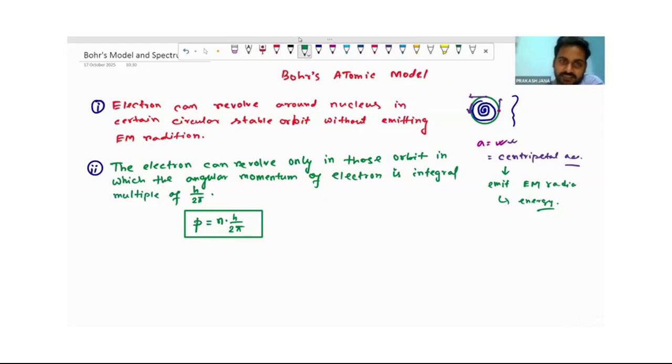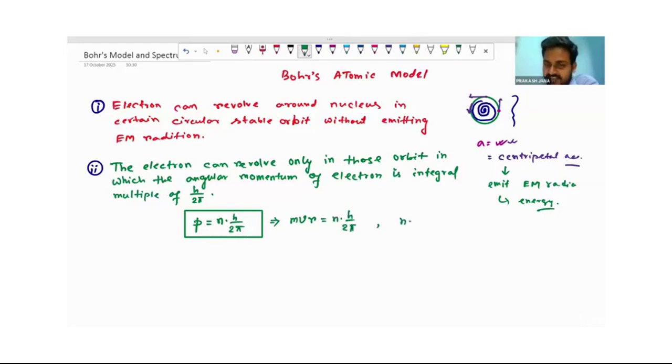Now, mathematically, the angular momentum P is equal to nh by 2 pi. This P, that is angular momentum, we can write as mvr, where r is the radius of the circular orbit, v is the speed with which the electron is revolving, and m is the mass of the electron. That has to be n times h by 2 pi.